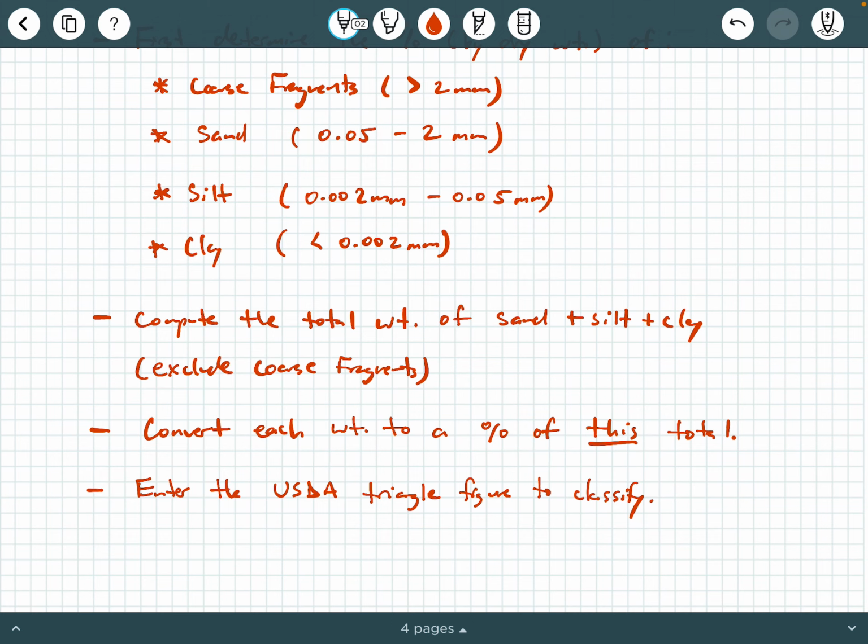So again, this video is not meant to do a deep dive in any of these 3 classification methods. It's meant to just give you an overview of how each of these generally works, okay? So on your own, or maybe in your soil mechanics course with your professor, you should do a deeper dive into the specifics of these and go through some numerical examples using properly referenced materials from AASHTO, USCS, and USDA.